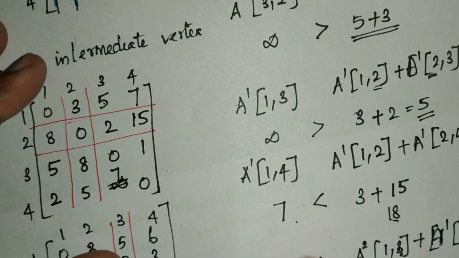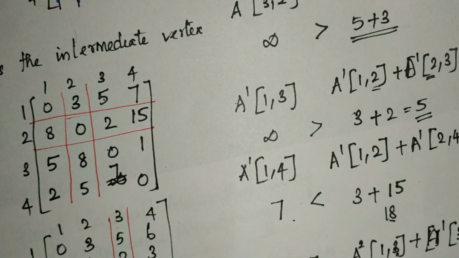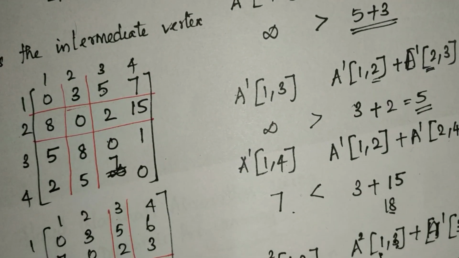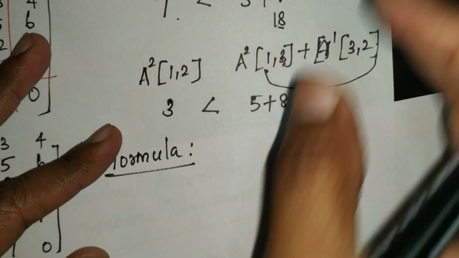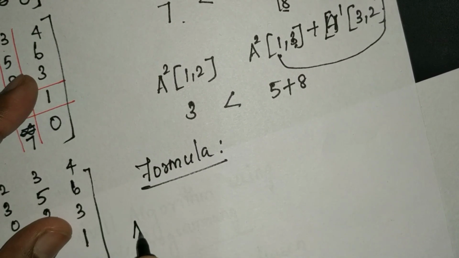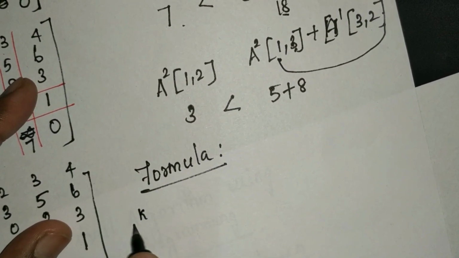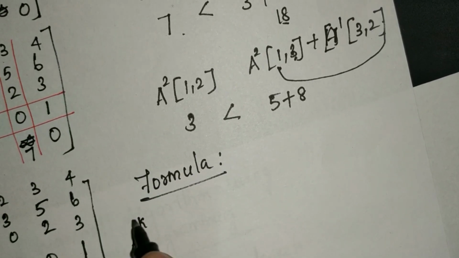From the previous procedures we have seen that for calculating any position in the matrix we use the previous matrix value. Here k can be any value, maybe A4 or A3.